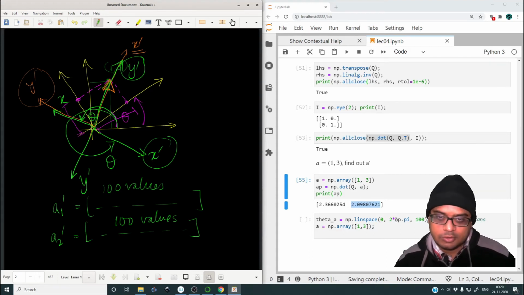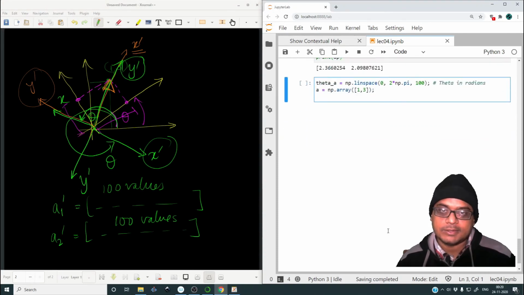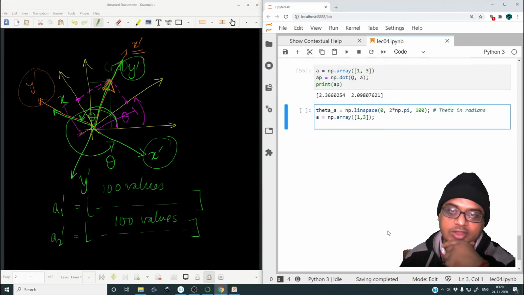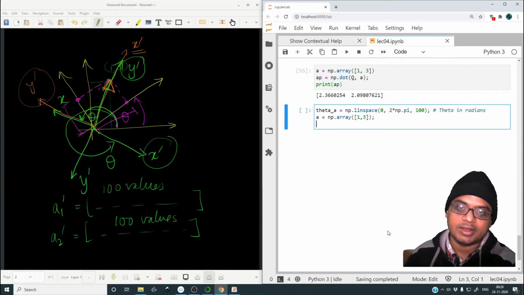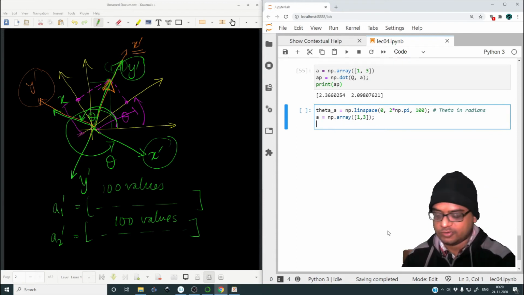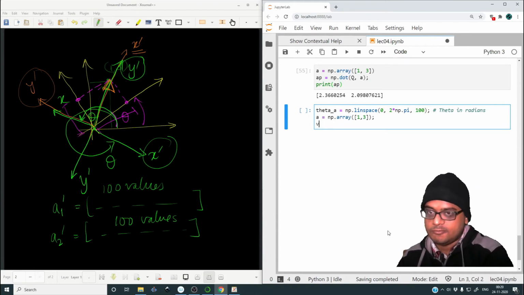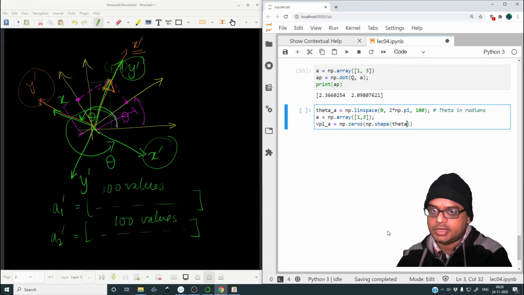It is always a good idea to initialize whatever you're going to store. Instead of dynamically allocating an array, it is always a better idea to pre-allocate it in terms of zeros. So we will declare a prime 1 array equal to np dot zeros, np dot shape of theta a.